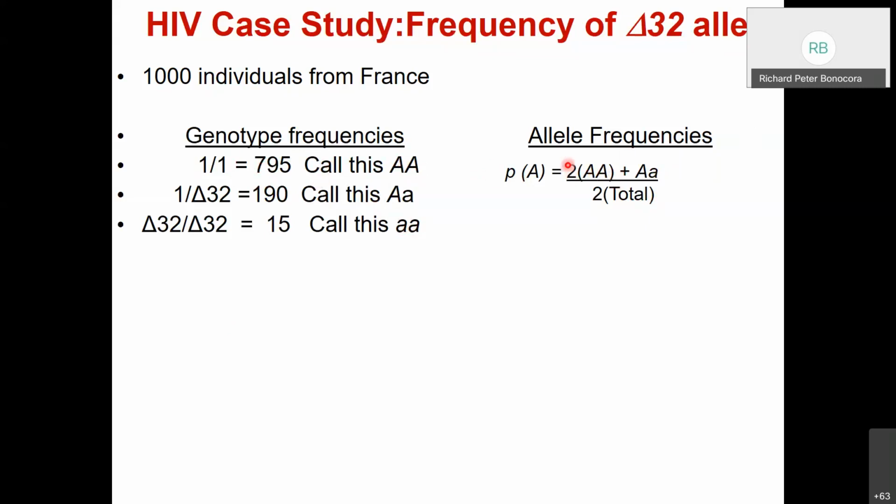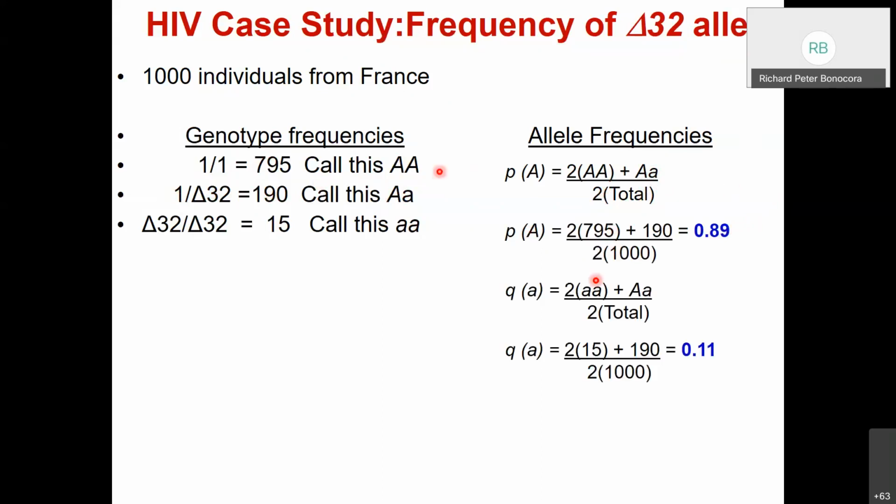Again, they are defined by the number of individuals that are homozygous with the dominant allele times 2, because each individual has 2 of those alleles, plus all the heterozygous individuals because they have 1 dominant allele, divided by the total. So when we substitute in all these numbers coming from here, we get the frequency of 0.89 or 89%.